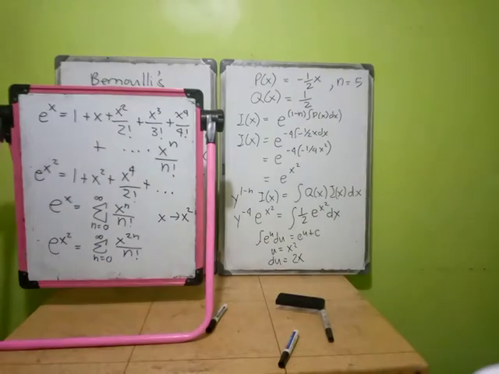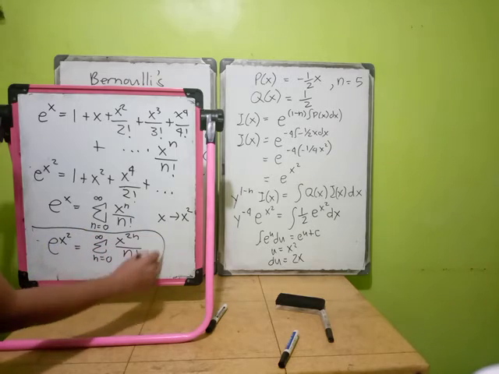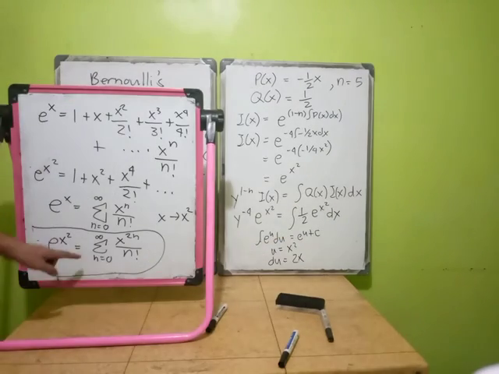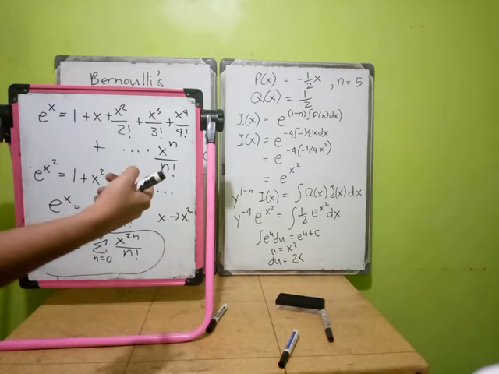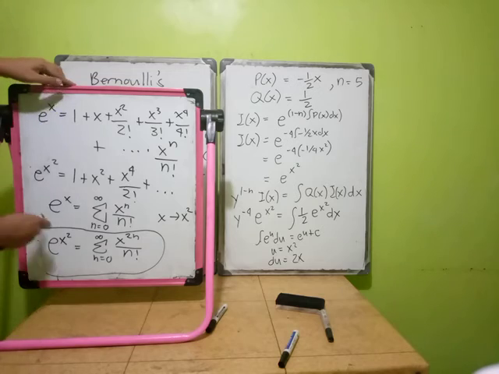Para ma-solve natin, we take this instead of e^(x squared). Since yung equivalent niya is a summation of n from 0 to infinity of x to the 2n over n factorial, ito yung ilalagay natin sa integration.